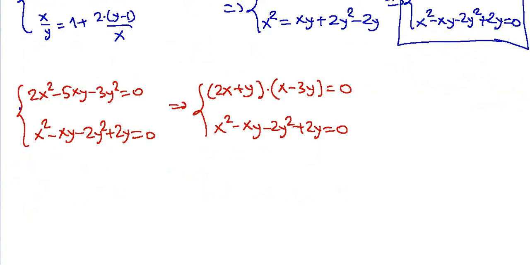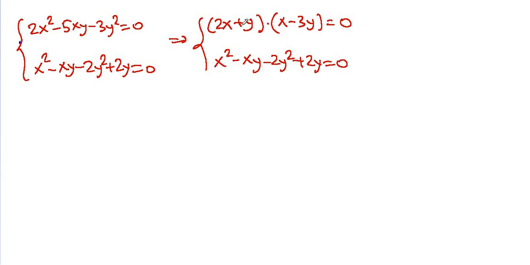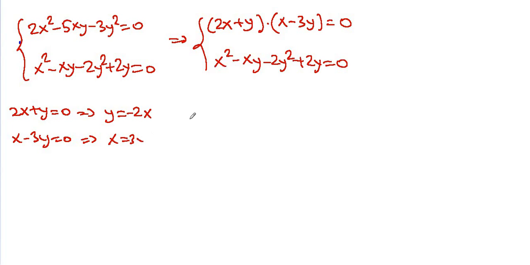Here the product of two expressions is equal to 0, therefore we can equate each expression to 0. So 2x plus y is equal to 0, from here I'll get y is equal to minus 2x, and x minus 3y is equal to 0, and here I'll get x is equal to 3y. So we get two systems of equations.